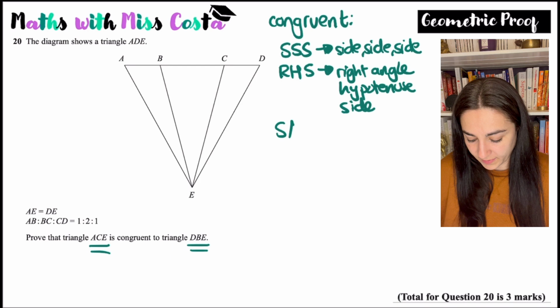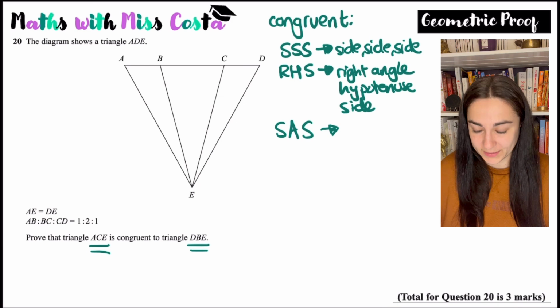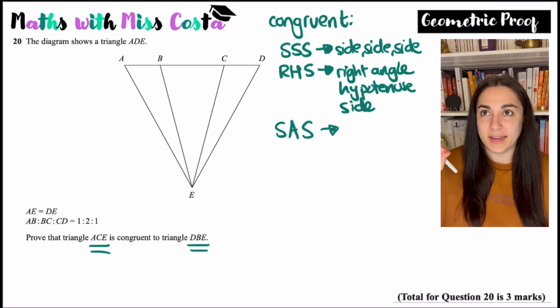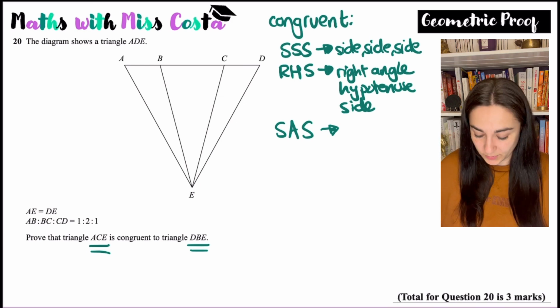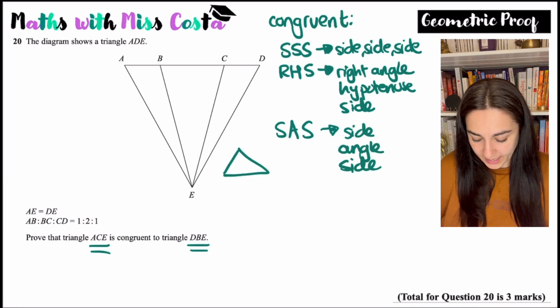Or I prove that they have a side, angle, and side. All of these correspond to the triangles, which means that the same angle in the other triangle is equal. So an equal side, an equal angle, and an equal side, and the angle has to be in between the sides. So let's say that side, it would be this angle and then that side.